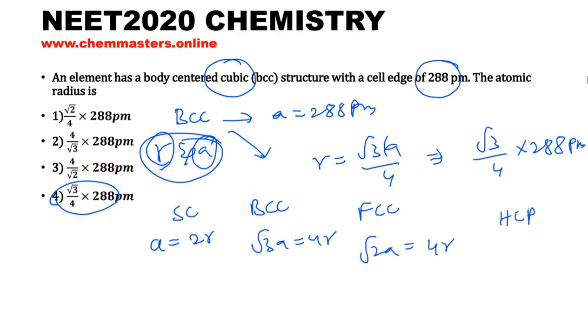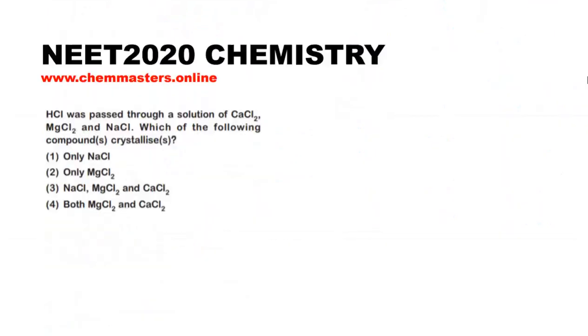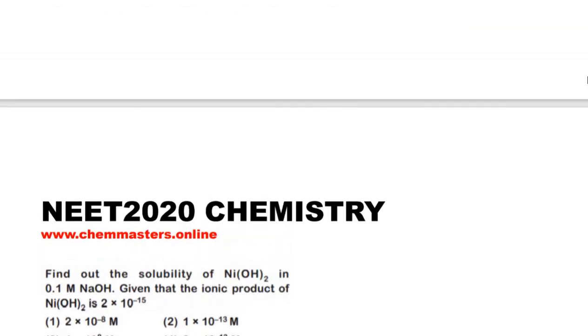For HCP, a equals 2 into r. Just remember all of this. They will be helpful for you. You may get questions on different cubic unit cells to find the same kind of thing. Okay, right. Now, the next question here.